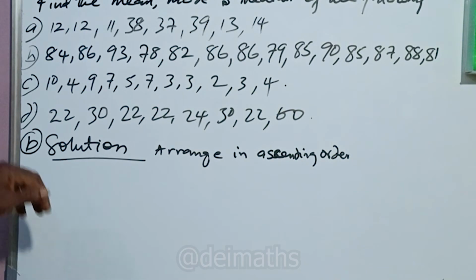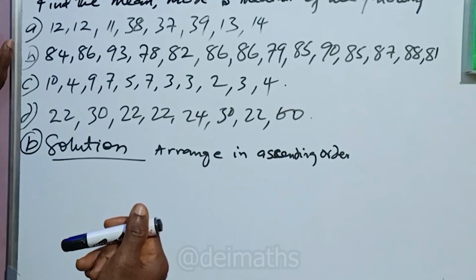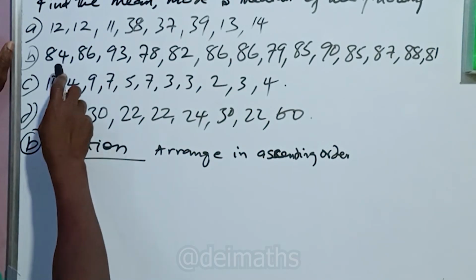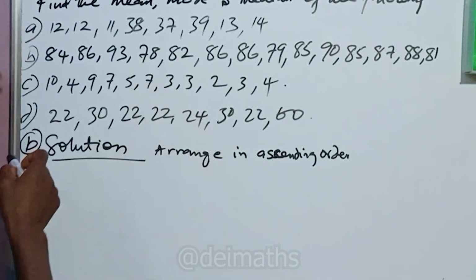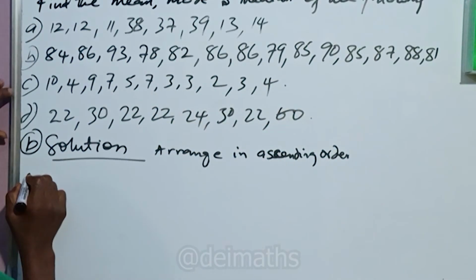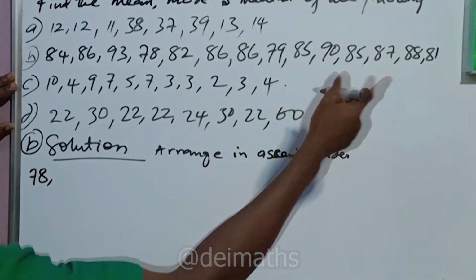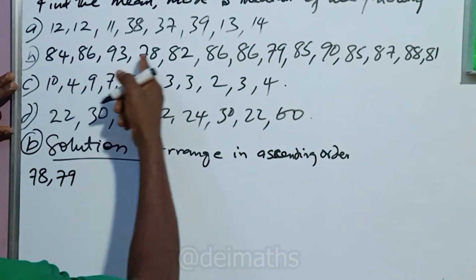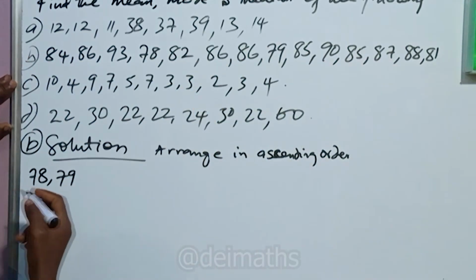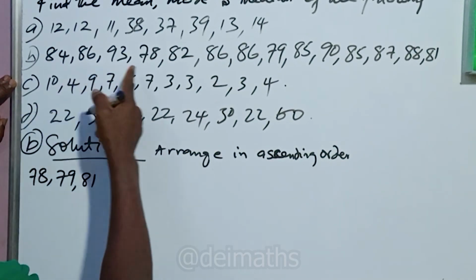Okay, let's start. We start by looking at the least number, the smallest number. Among these, which one is the smallest? We have 78. 78 appeared once. 79, how many times? Once. We have 81. 81 appeared how many?